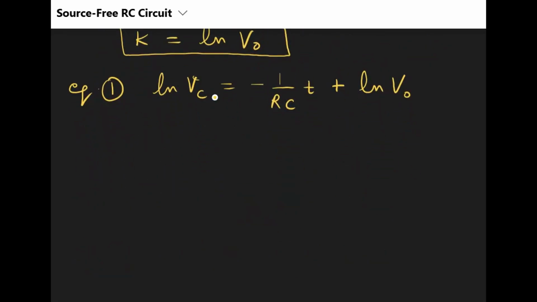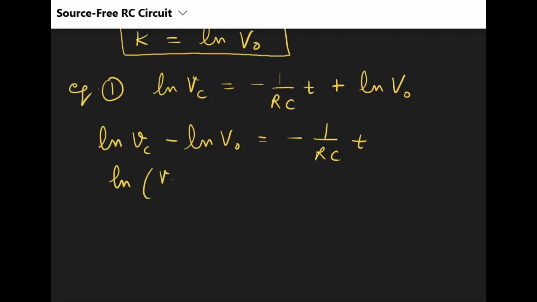Now shift both the logarithmic terms on the left hand side and apply the logarithmic algebra. So here we can write ln Vc upon V0 equals to minus 1 upon RCt. To find the value of Vc, we can take the antilog of this equation.